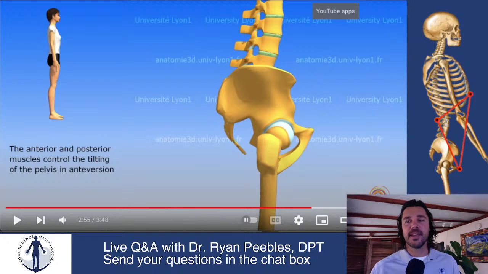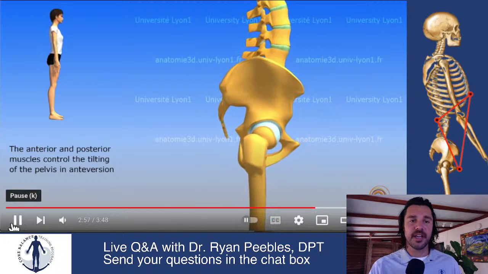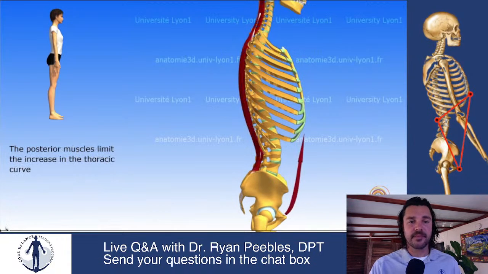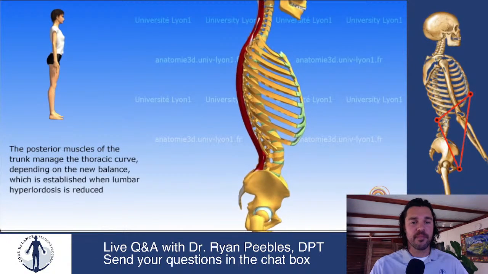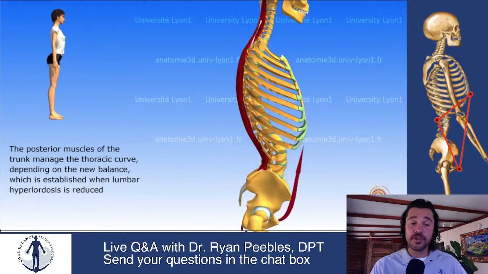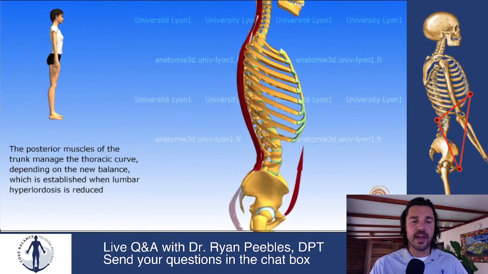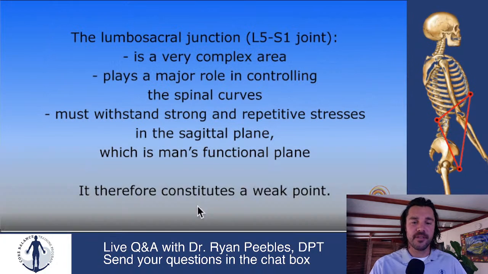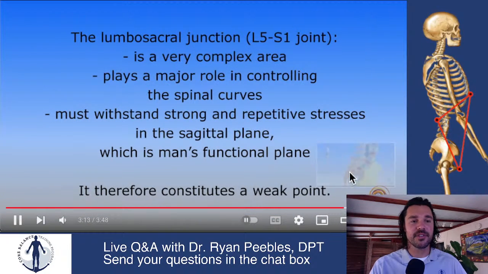That would be a compensation. It's not a solution, and that can cause problems by stretching out all the tissues and ligaments in the back of the spine. And so we want to move towards neutral, and the way that we would do that is moving towards posterior pelvic tilt. And a lot of the time it would be beneficial to overcorrect.